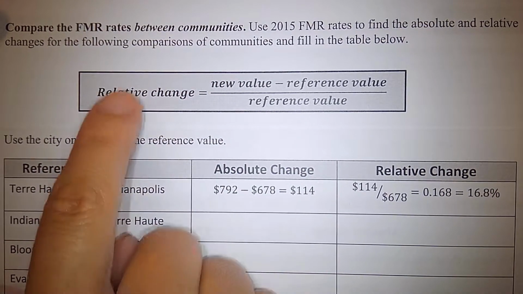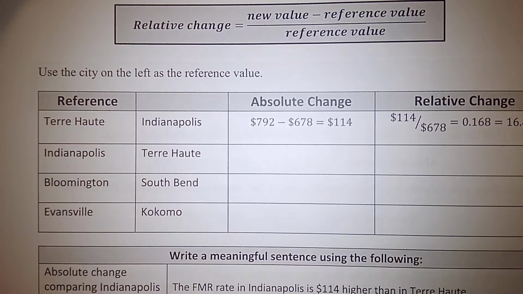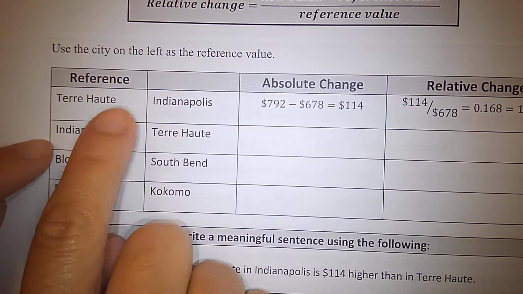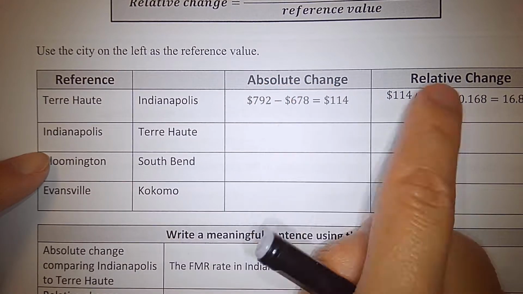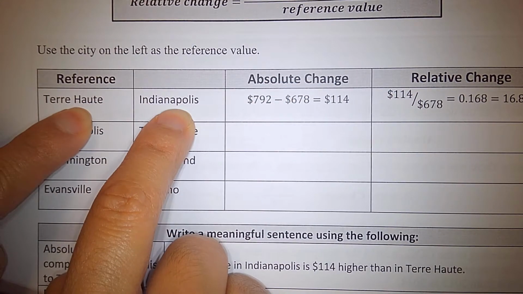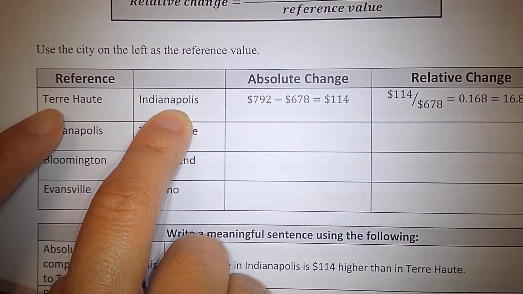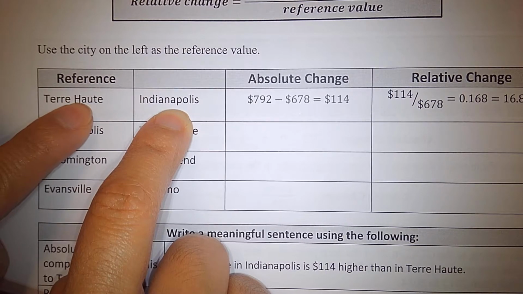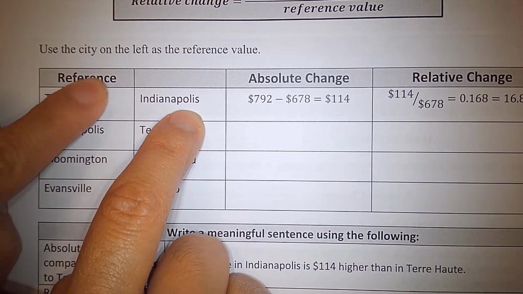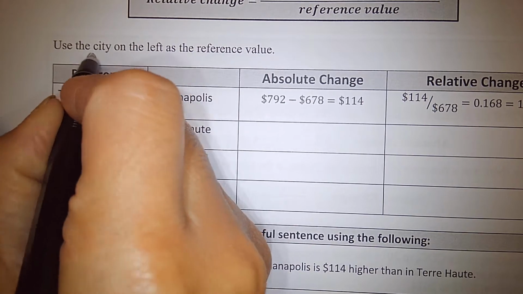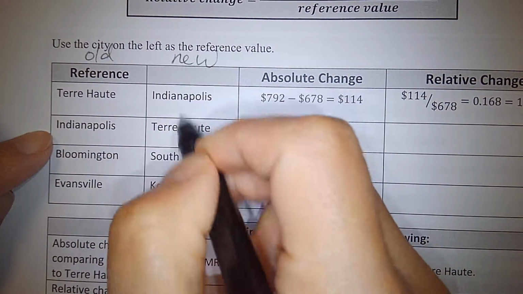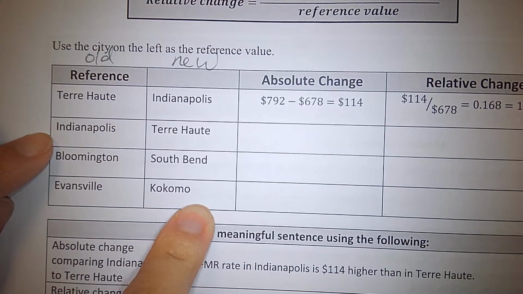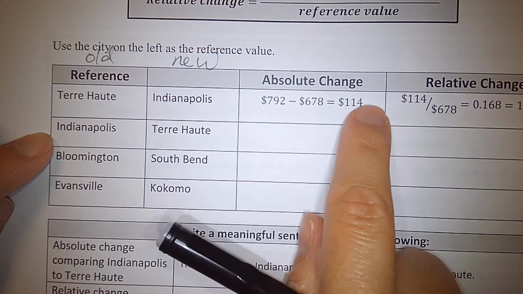So between communities, this line gives us how to compute absolute change and relative change between these 2 cities, from Terre Haute to Indianapolis. So the reference gives us the old value, and then this column gives us the new value. So they did that, you can read.